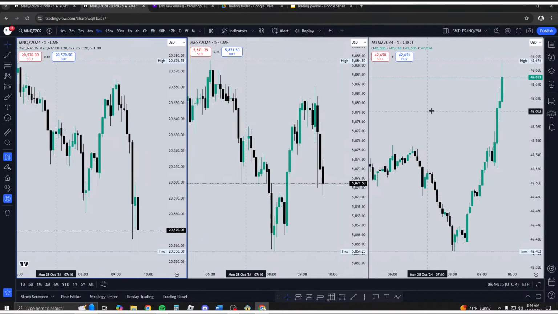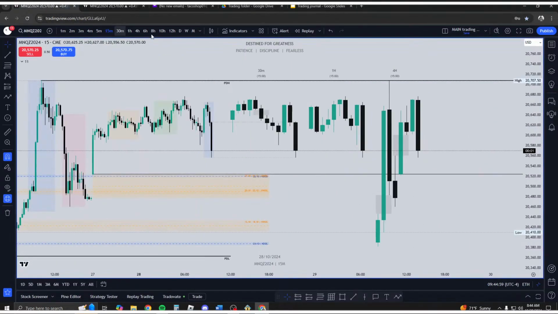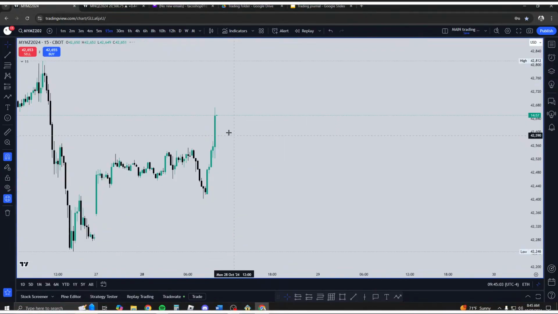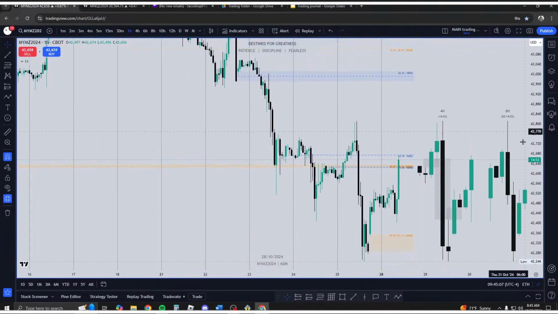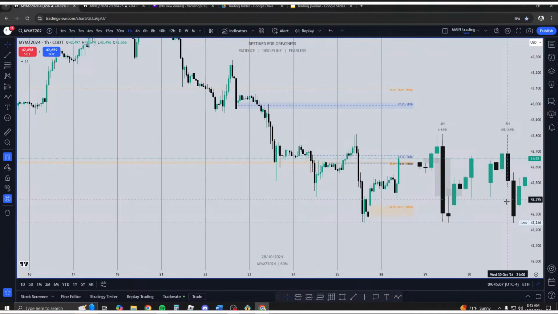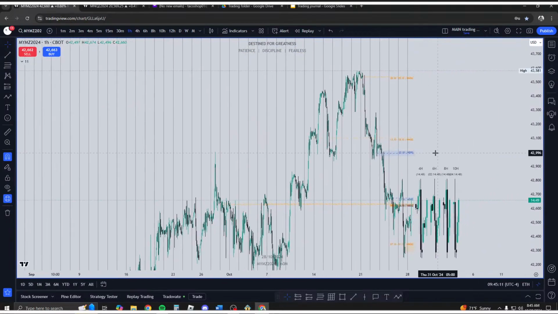YM is trading higher. One of these indices is going to break.